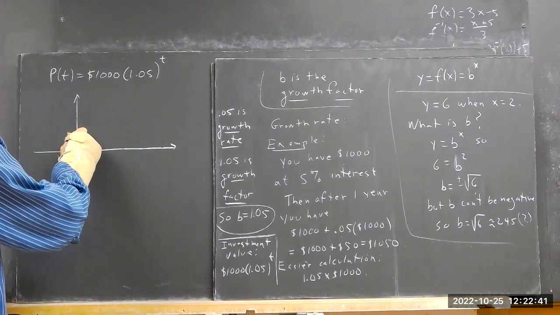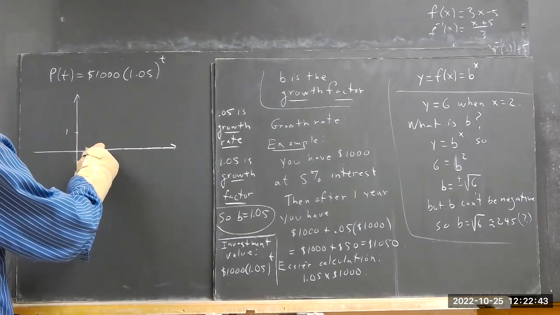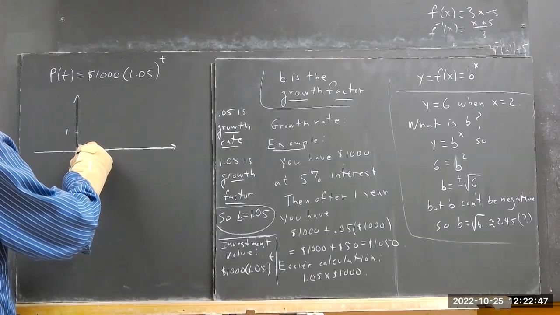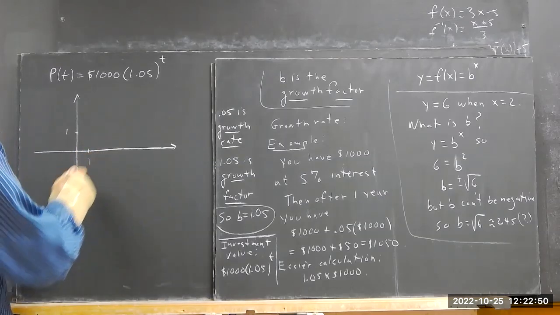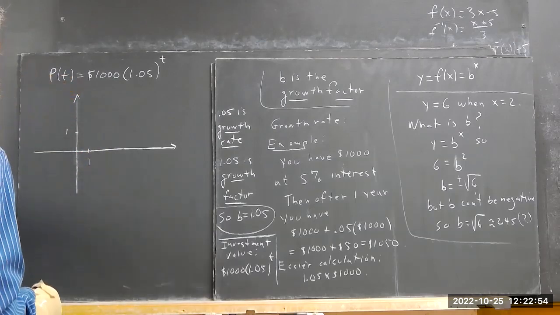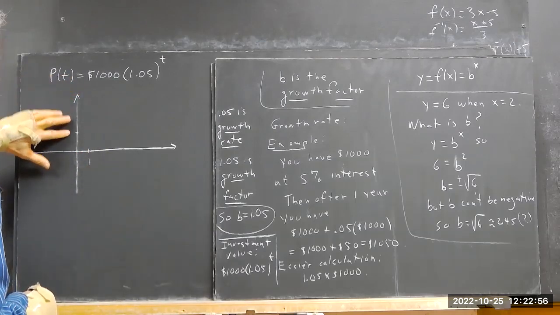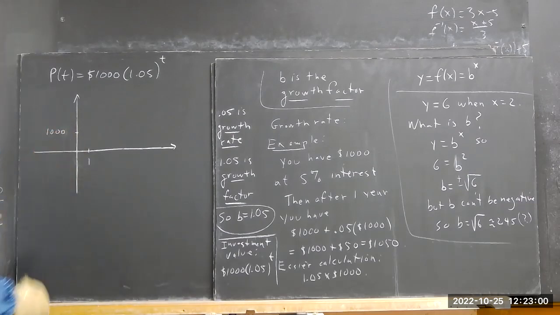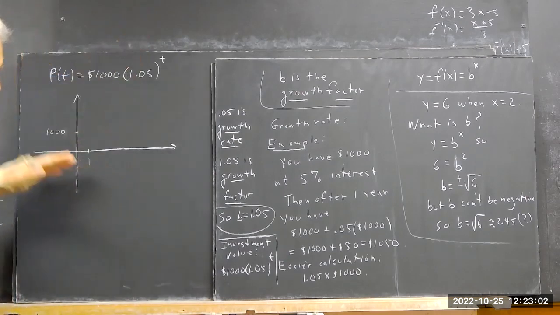Here's one, and we'll say here's one. Actually, we're going to make that 1,000 because we want our money to grow a lot. We don't have a lot of room for it to grow. Of course, it's going to take a lot of years.